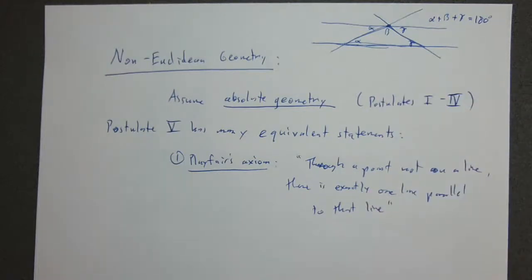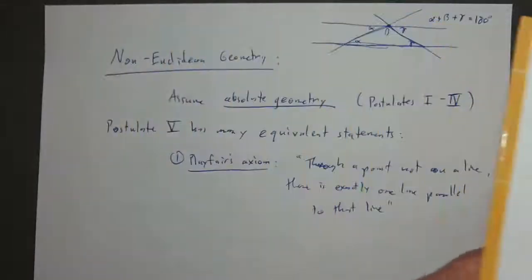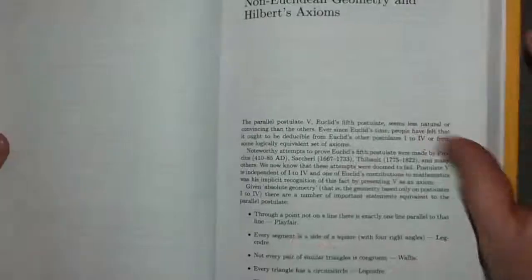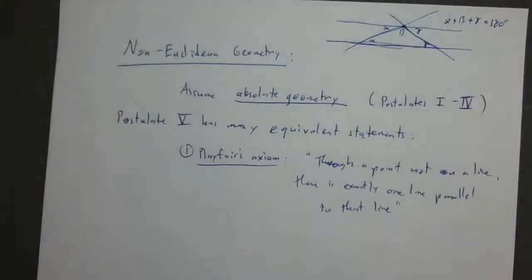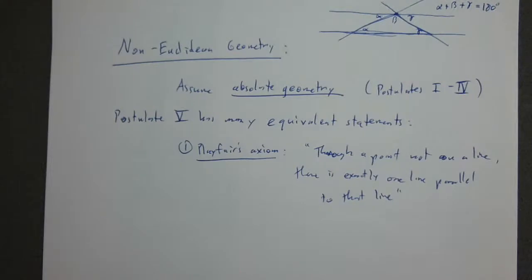Okay, so anyway, going back, here's a list of some equivalent things. For the most part, these equivalent conditions were discovered by people trying to prove the parallel postulate from the other four. As I said, it's not doable. It's impossible.